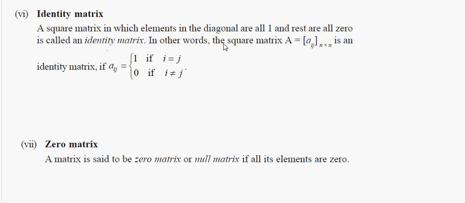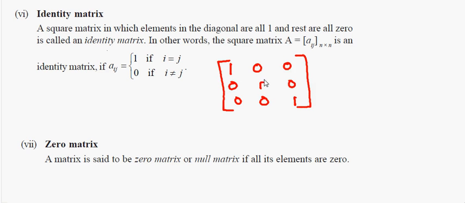Next is the identity matrix. A scalar matrix is said to be an identity matrix when all the diagonal elements are equal to 1. You can represent it by I3, since the order is 3.